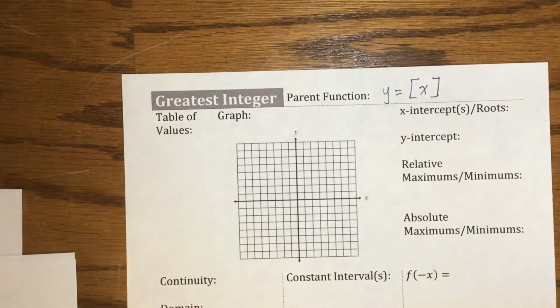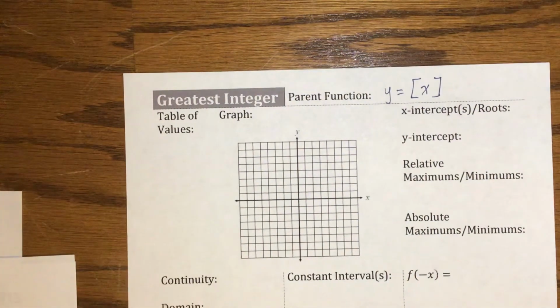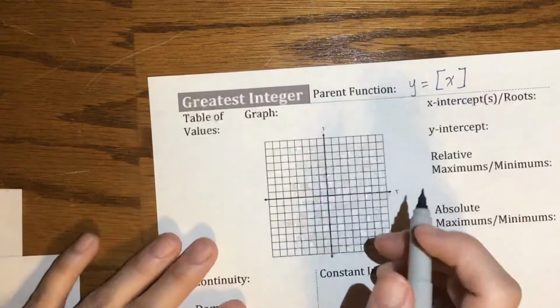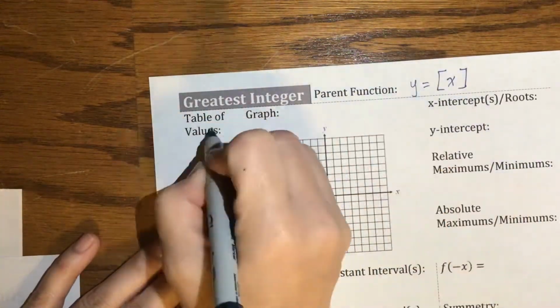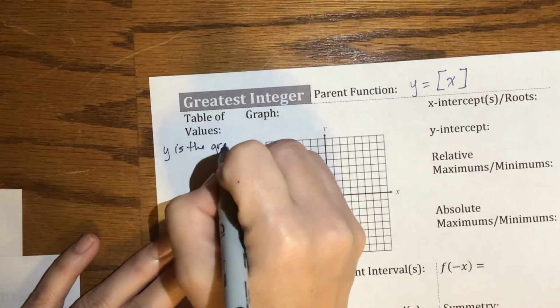is new. So you're going to do a bracket there. This means the greatest integer. Now, what this means is y is the greatest integer.